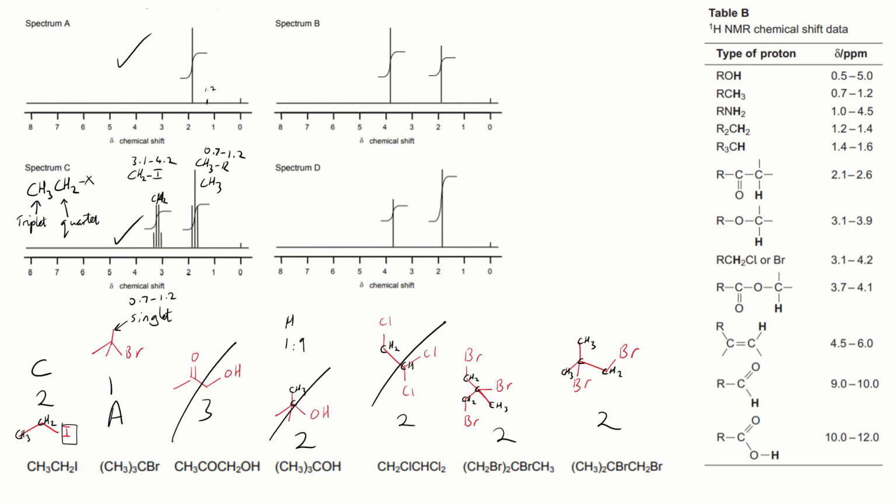So to try and distinguish it, what we can have a look at is the integration values we'd see for each of these. So with this, we've got 4 hydrogens in the same environment and 3 in this environment. So we've got a 4:3 ratio. Whereas in this one, we've got 6 hydrogens and 2 in there.